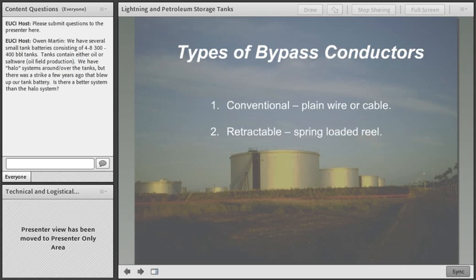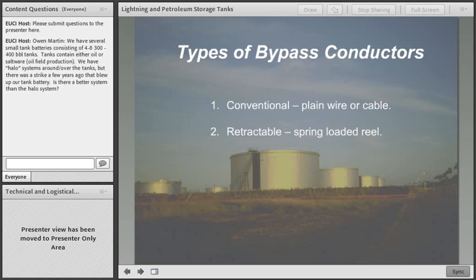This third recommendation, installing bypass conductors, leads us to an examination of bypass conductors. There are two types of bypass conductors: a conventional and a retractable. A conventional bypass conductor is nothing more than a piece of wire or cable that's connected between the shell and the roof.